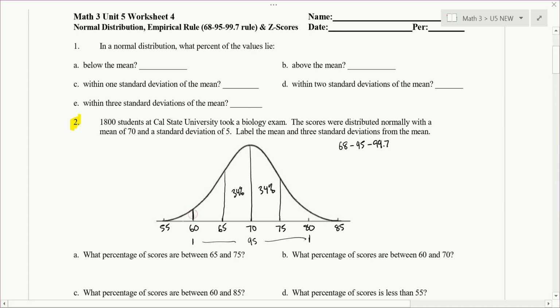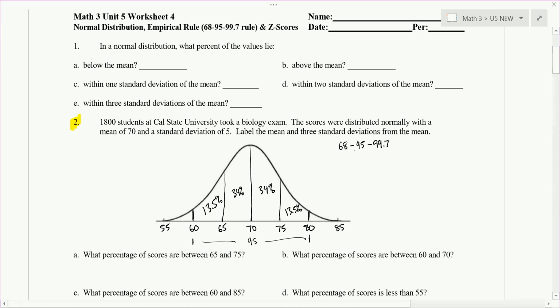Again, this is symmetric, so if we cut the 27% in half, we get 13.5 and 13.5%. And we can check that if we add all 4 of these numbers up, 13.5 plus 34 plus 34 plus 13.5, you get your 95%.